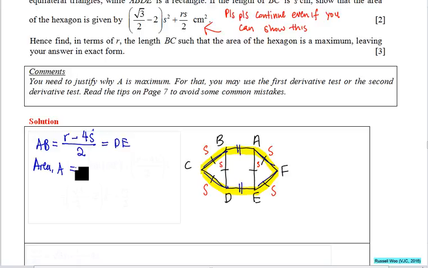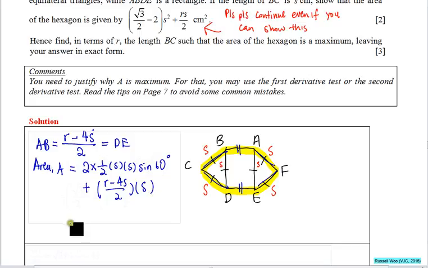So once we have that, then I can write area. Area is area of the two equilateral triangles plus the rectangle. Two equilateral triangles is 2 times half AB sine C, plus the rectangle is (R minus 4S) over 2 times S. Then you got the answer.